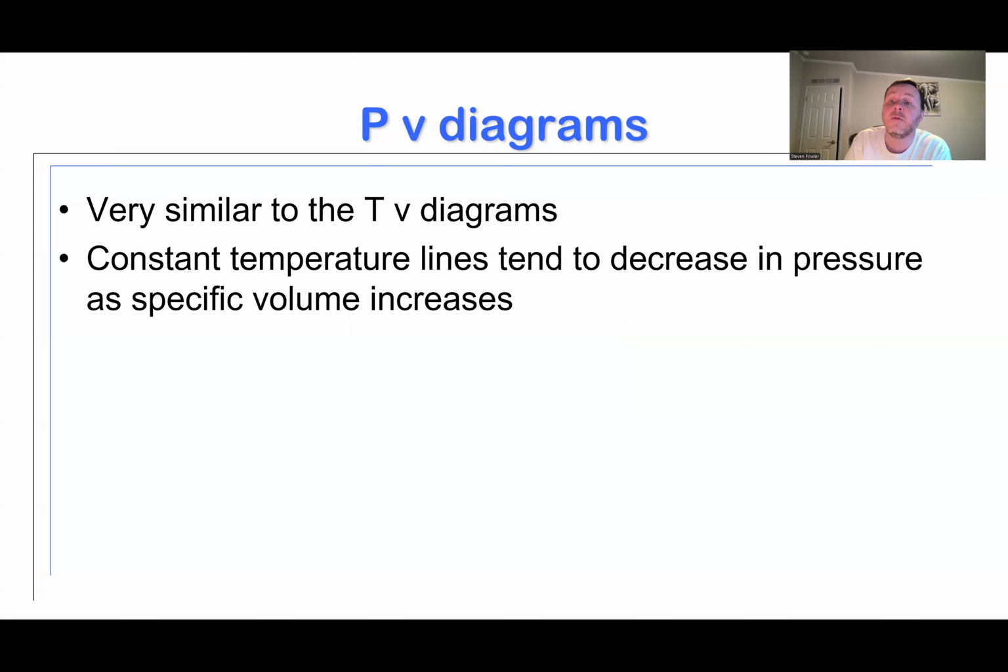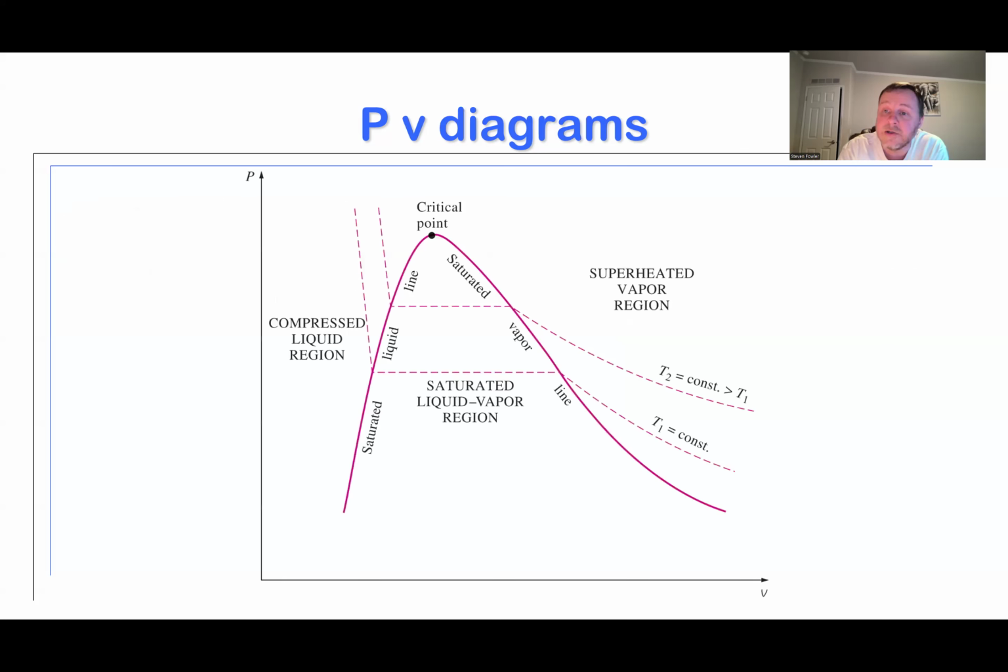The third property, when you're comparing pressure versus volume, is temperature, so I would also want to plot how the temperature is going to affect us. And the only difference between the TV diagrams and the PV diagrams is, notice as the volume increases, these lines of constant temperature go down and to the right. Okay, so that's it. Otherwise, they look the same. You've got your dome region, you've got saturated liquid on this side, saturated vapor on that side, and you've got your critical point up at the top.